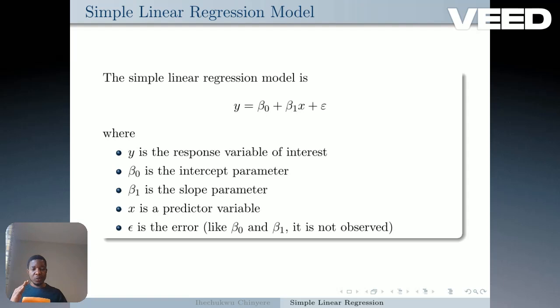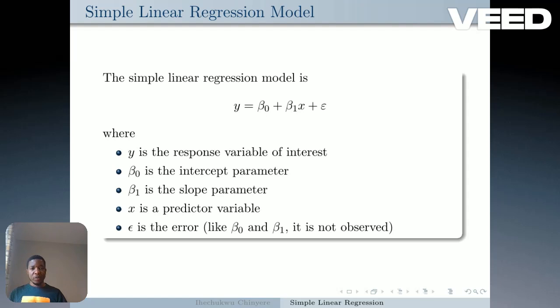The linear model will be a straight line graph, where, as you used to think about it, the x-axis will be the predictor variable and the y-axis will be the response variable. Beta naught here will be the intercept of this line with the y-axis, and beta 1 will be the slope of this line.